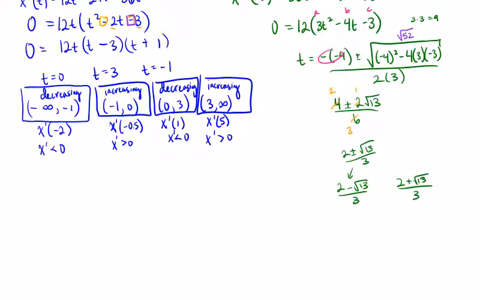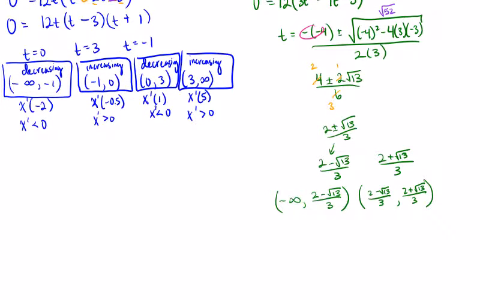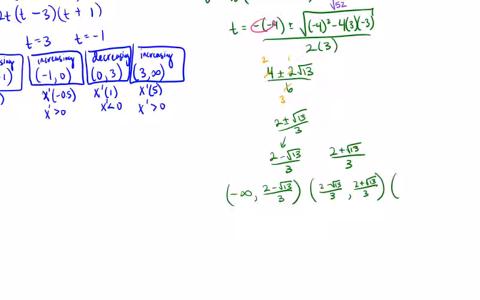So when we do our intervals, since we have 2 zeros, we're going to have 3 intervals. We're going to go from negative infinity to 2 minus root 13 over 3, then from 2 minus root 13 over 3 to 2 plus root 13 over 3, and then from 2 plus root 13 over 3 to infinity.